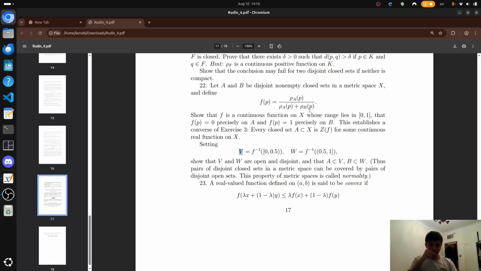If it's 0, then we know it contains A. And if it's another value, that means it doesn't contain A, but it contains some other points.